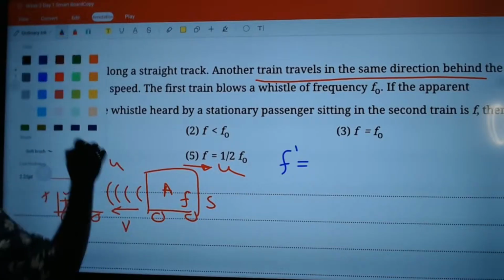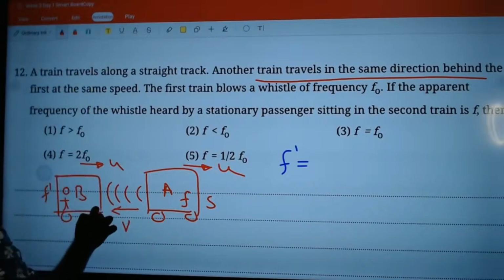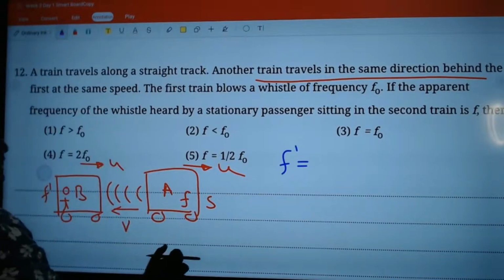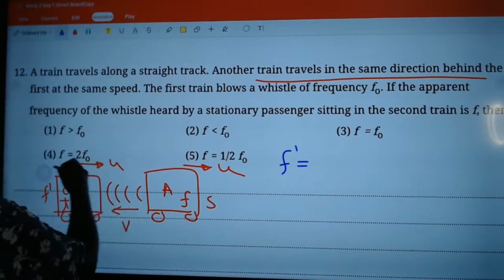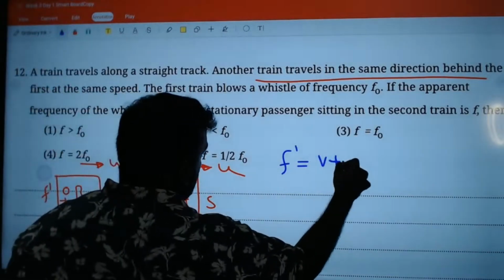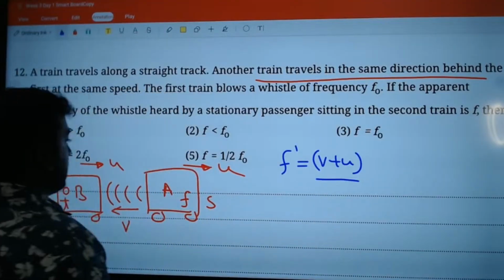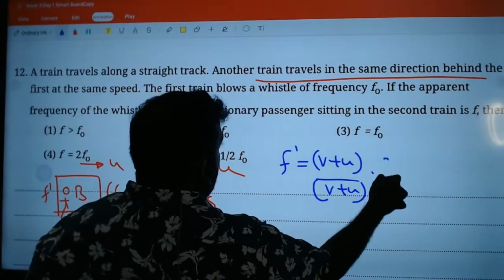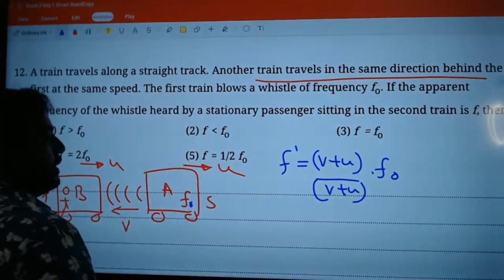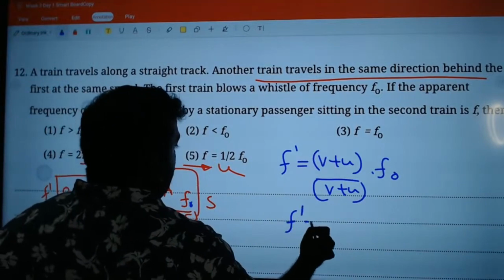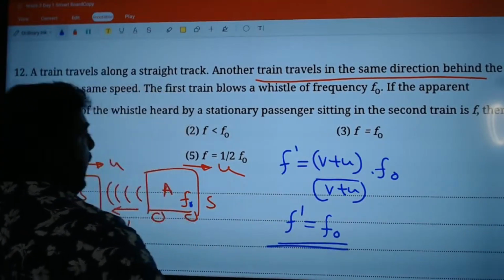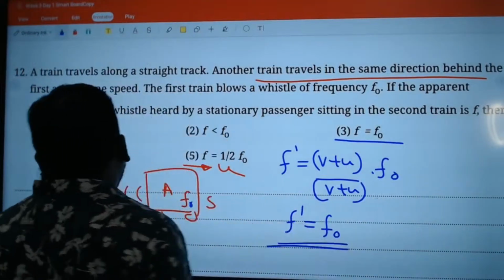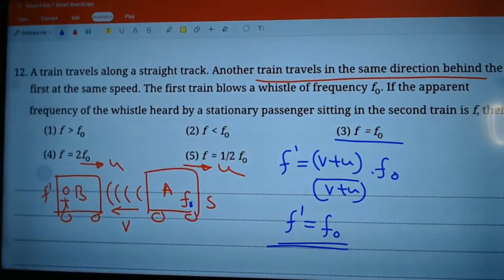Velocity of sound with respect to observer, sound going that way, V plus U. Velocity of sound with respect to source, same V plus U, into actual frequency F naught. These two cancel off, F dash equals F naught. That means actual frequency and apparent frequency are the same. Correct answer is answer number 3.